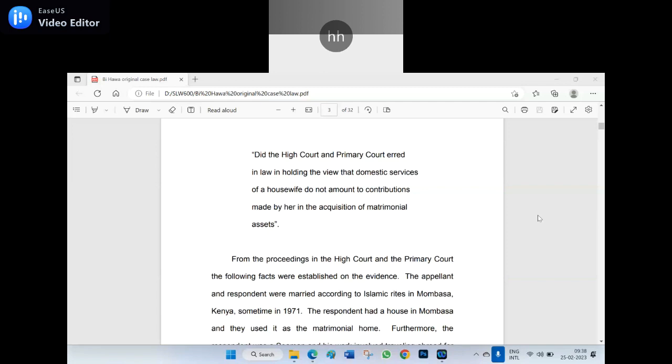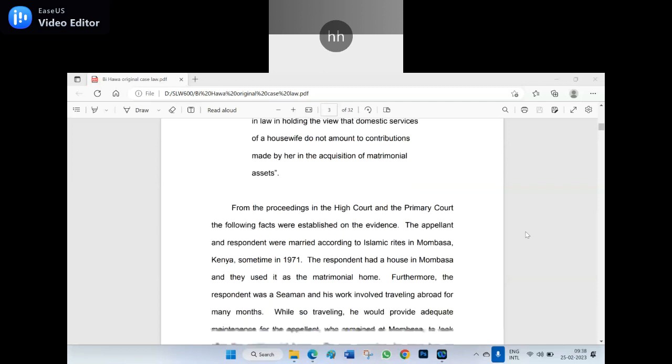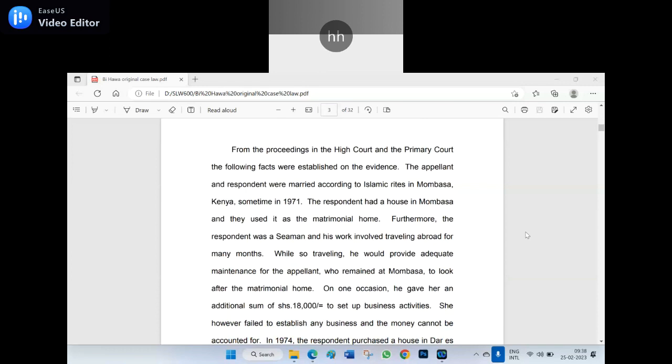And taking care of financial matters also: how much to buy, how much not to buy, what should be eaten, what should not be eaten, how to preserve the money. So it is really a contribution if the wife has the common sense to do or not do particular things. Here they say the respondent had a house in Mombasa and so on.